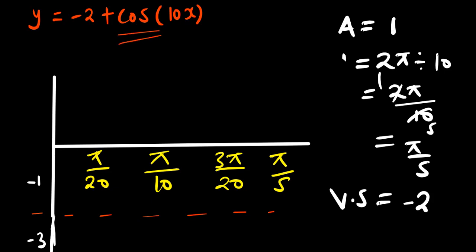Okay, and it is positive in this case, so it means it's going to come down and go up. So you know that the cosine graph, let me use a different color. It's going to pass through this point and end at the other point.